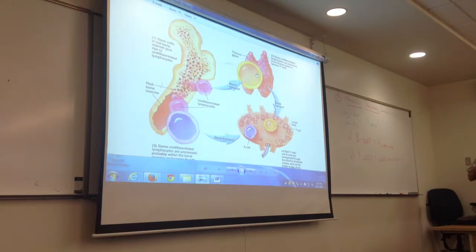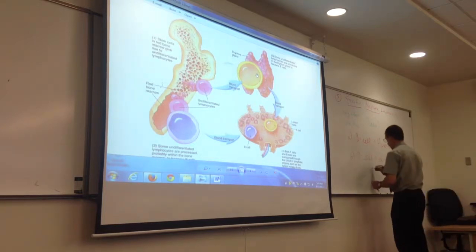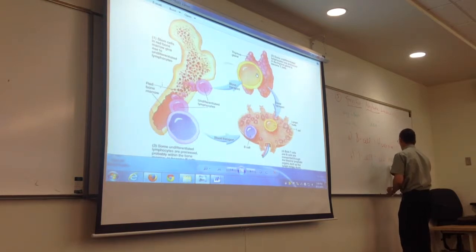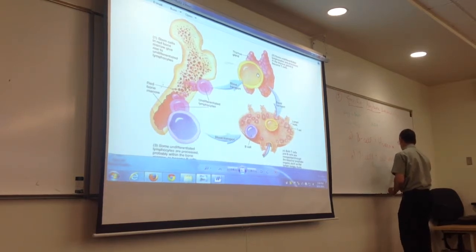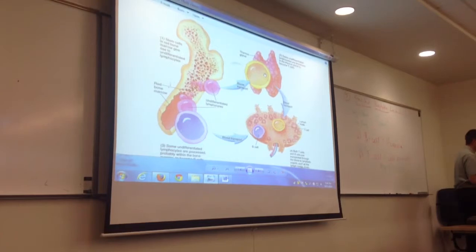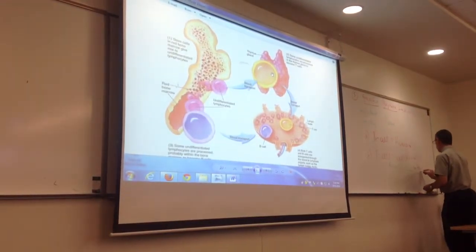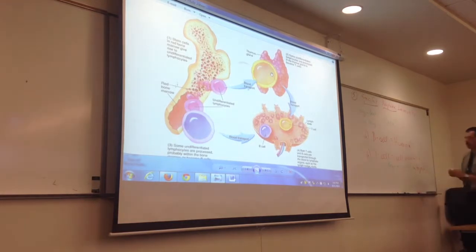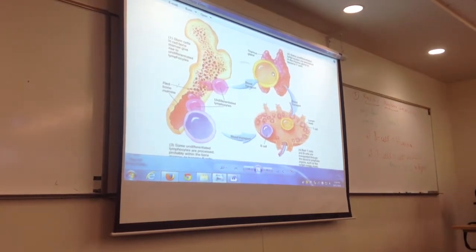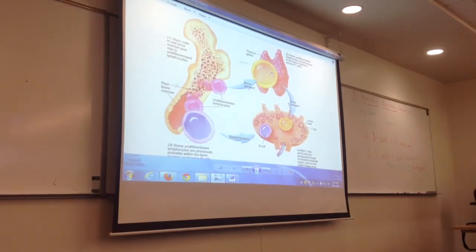And that is the T cells require training. And we'll learn what that training is. But they're going to require training in the thymus. So the T cells have to take a detour to train in the thymus. B cells also require training, but not in that way.